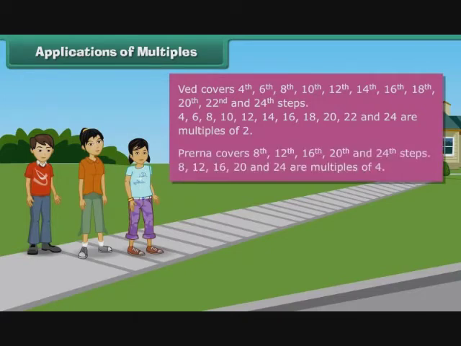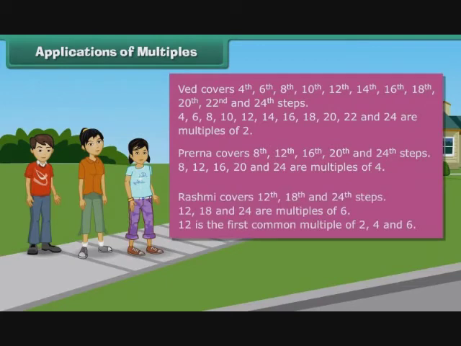Prerna covers 8th, 12th, 16th, 20th, and 24th steps. 8, 12, 16, 20, and 24 are multiples of 4.